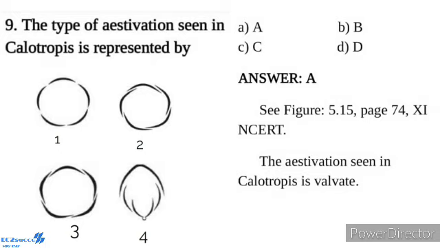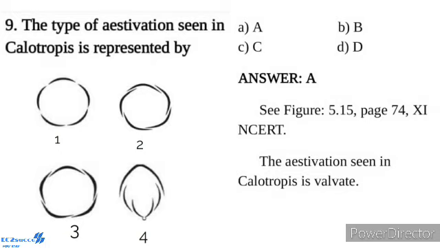Ninth question. The type of estivation seen in Calotropis is represented by. Shown in the diagram, valvate, twisted, ascendingly imbricate and descendingly imbricate estivation.